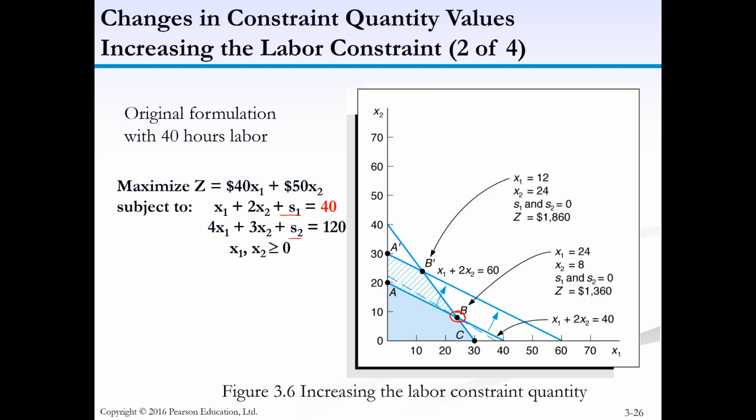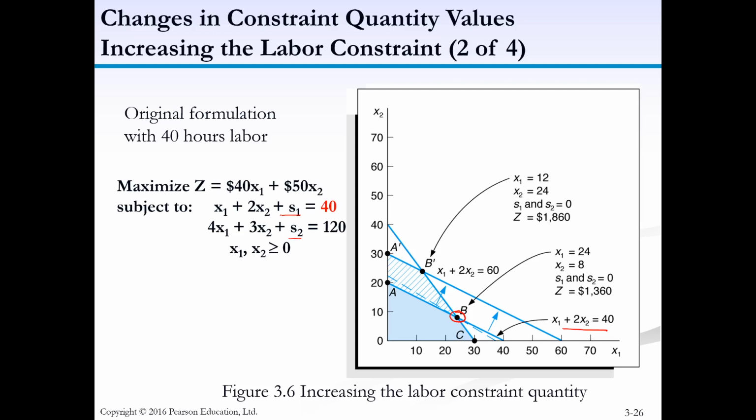Now let's see the first constraint, x1 plus 2x2 equal to 40. We are moving this constraint outward, and we want to see how long this solution variable mix remains the same.